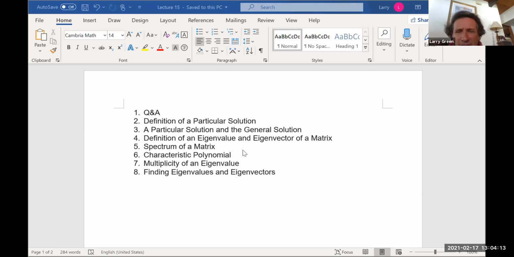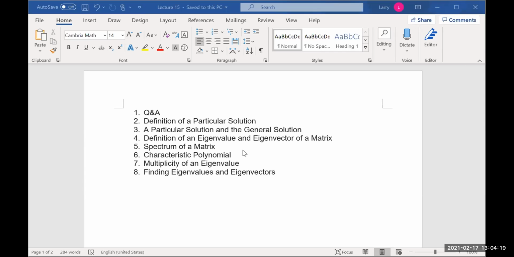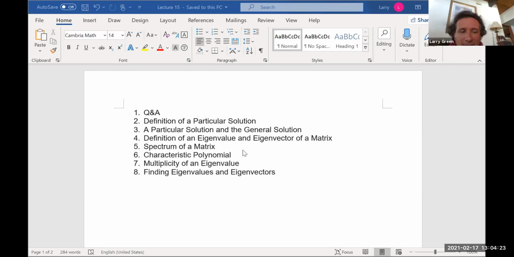And then we'll talk about the spectrum of a matrix. You might have heard of the word spectrum before. Where have you heard that? Not in math. Physics, the electromagnetic spectrum. Yeah. So it comes up in the electromagnetic spectrum. And if you know a little about physics, and for example, hydrogen, does that cover all of the spectrum? What do you think?